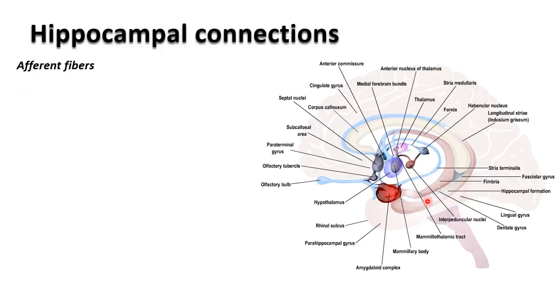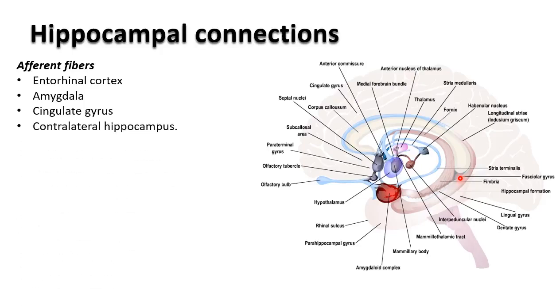Your hippocampus mainly receives afferent fibers, connections of the hippocampus, from your entorhinal area. This entorhinal area receives afferents from the amygdaloid, very closely related to the amygdaloid nucleus, and also from the cingulate gyrus. It also projects fibers to the cingulate gyrus, and through the contralateral opposite hippocampus via the commissure of the fornix. The main efferent fiber is through the fornix.